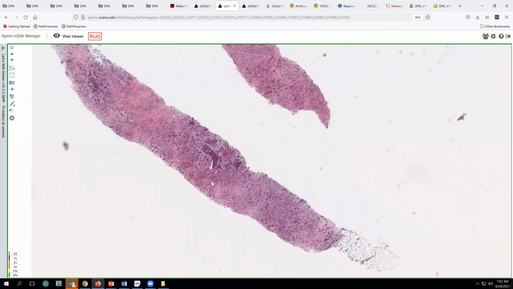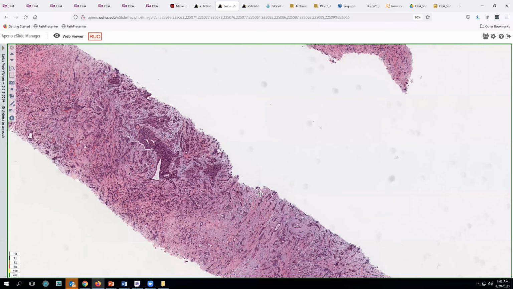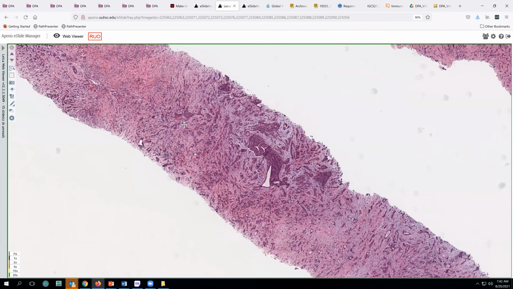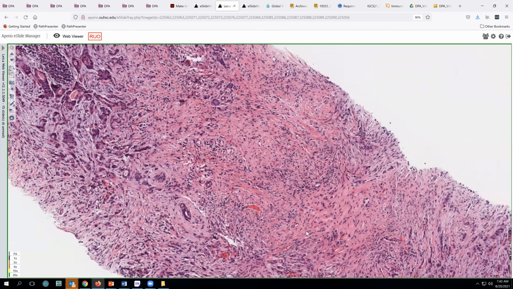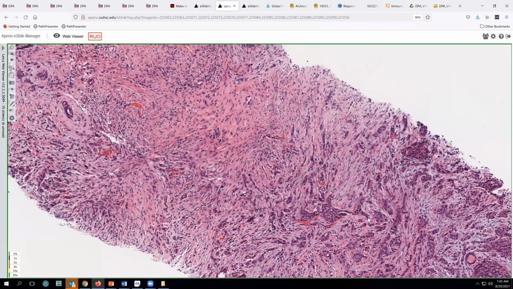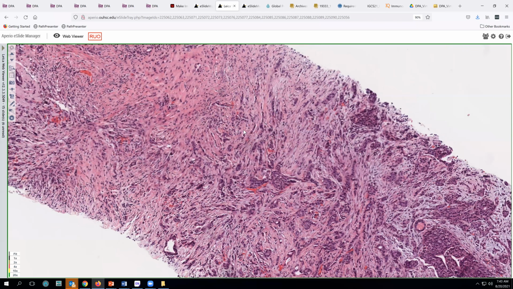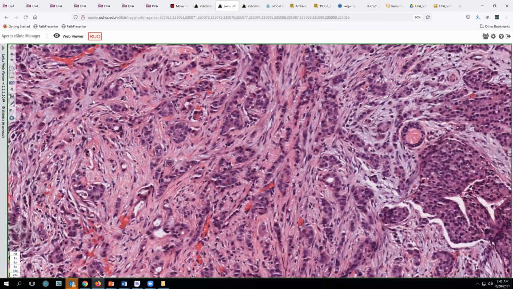So this case I give to you to help practice grading these tumors using the Nottingham scoring system. This is obviously a very sclerosing type of tumor. We see a lot of this desmoplastic spindle-shaped stroma. And we see a few nests and groups of cells with occasional glandular lumina.